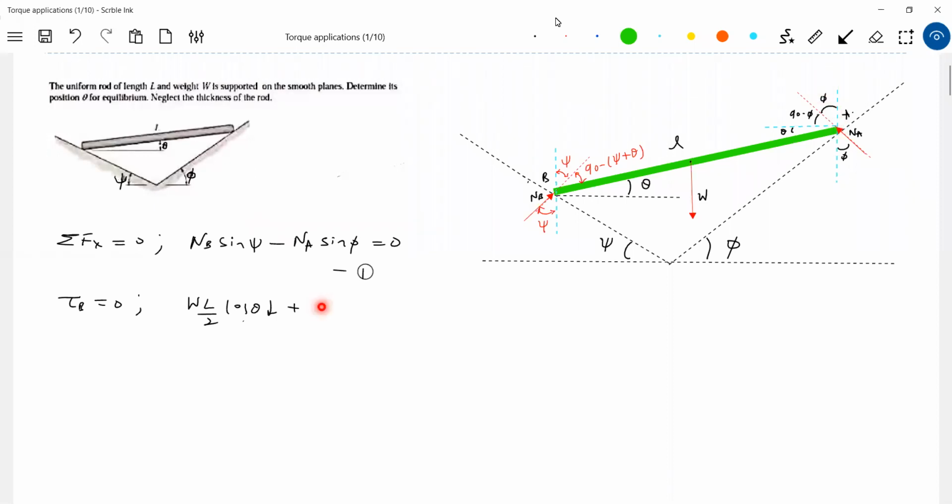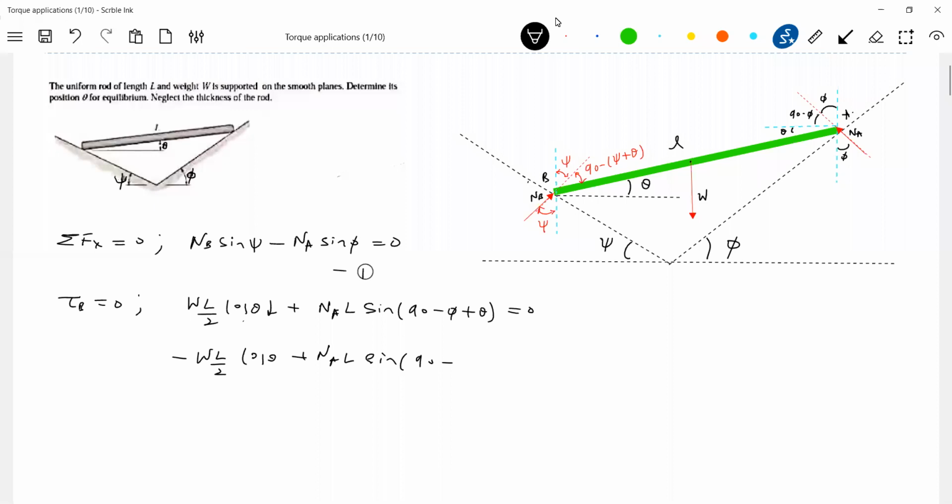So therefore this should be equal to, NA L sine of 90 minus phi plus theta. This should be equal to 0. Clockwise negative, NA L sine of 90 minus phi plus theta.